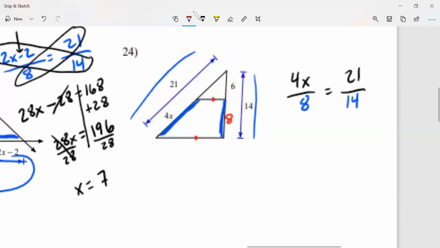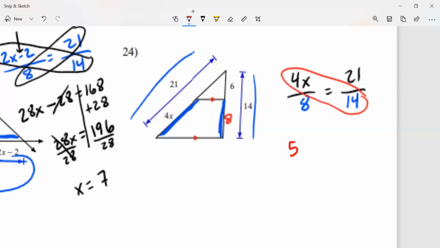Okay, I think we can cross multiply. I'm going to use red so it can easily stand out. Now I'm going to cross multiply. So I'm just going to go 14 times 4x. That's going to give me 56x. And then 21 times 8 is going to give me 168.